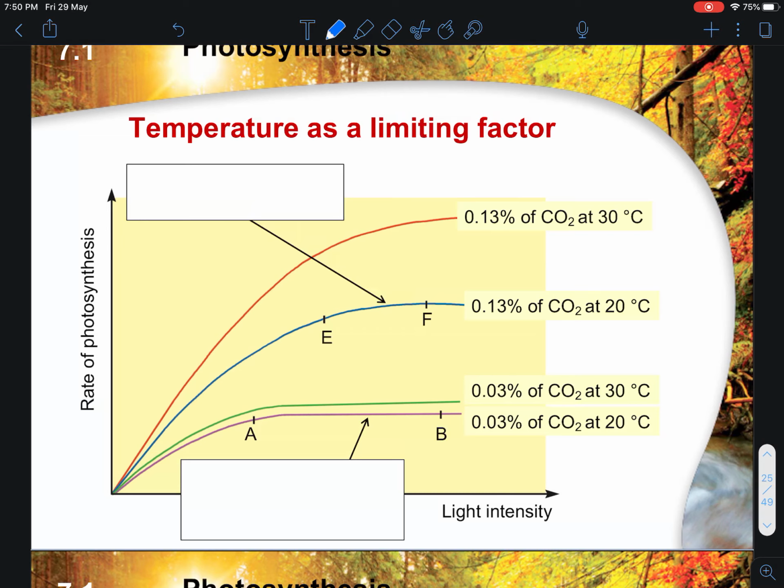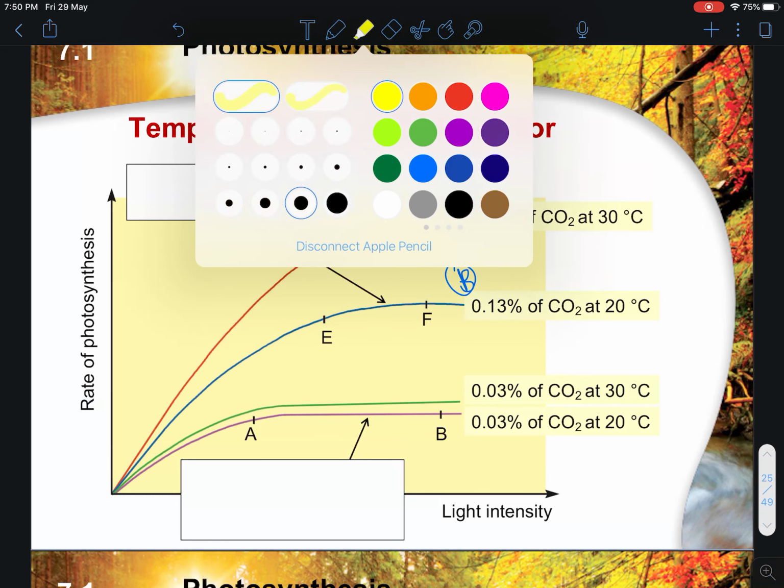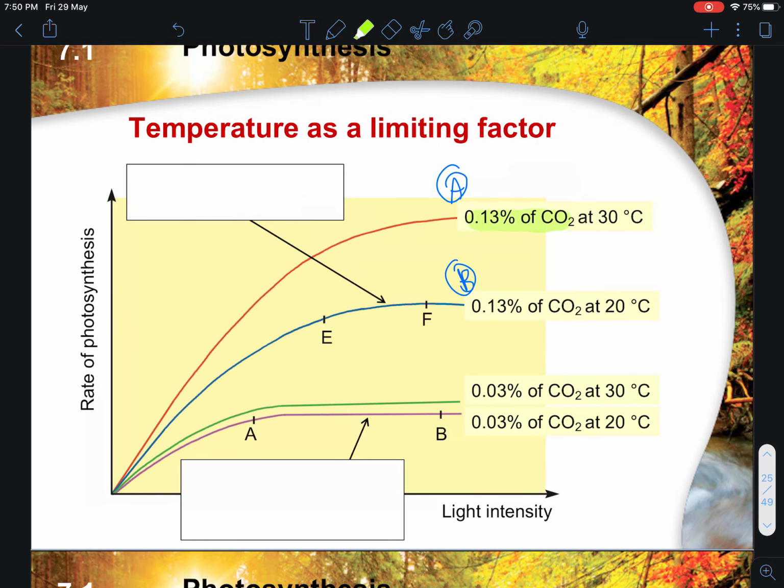So in this case, if we look at it over here, temperature as a limiting factor. Over here we can compare different kinds of environment. First thing is we want to see whether temperature can influence. So we will compare A and B. Why? Because the concentration of CO2 is the same.